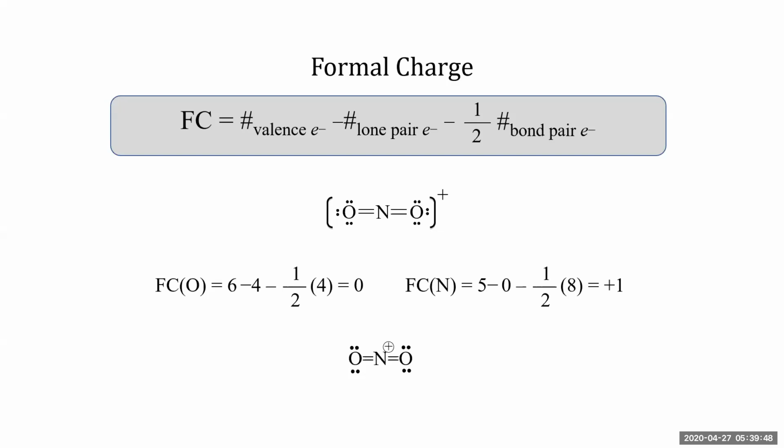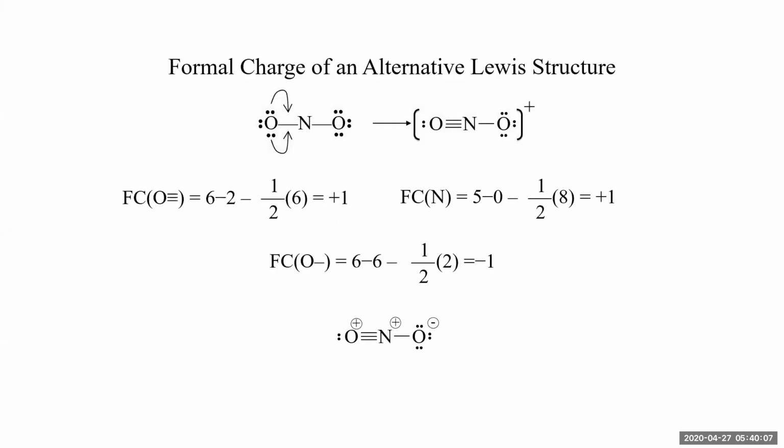An example is NO2 plus 1, illustrating the calculations for formal charge per atom. Here, an alternative structure of NO2 plus 1 and the calculations for formal charge per atom.